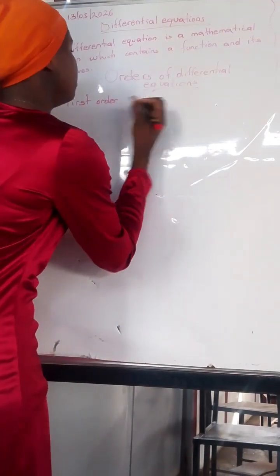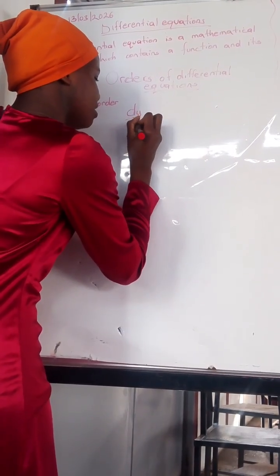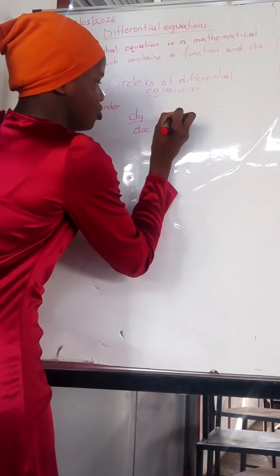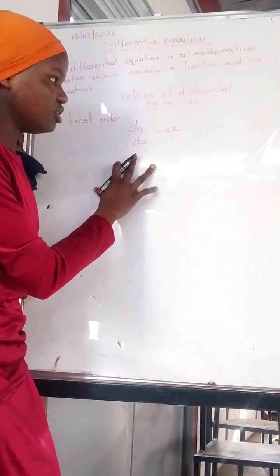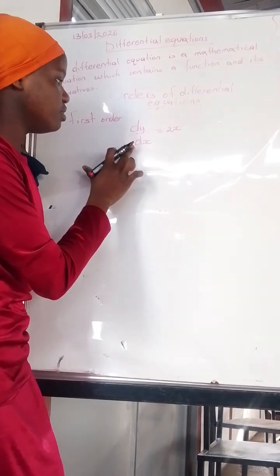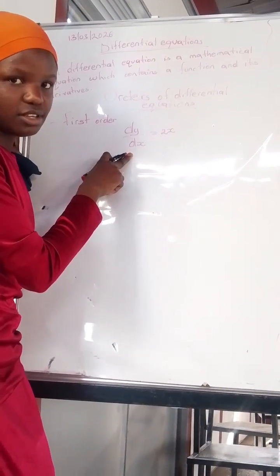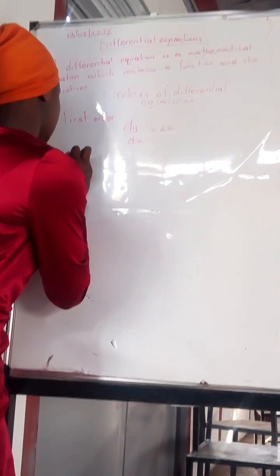For example, you can have dy/dx equaling 2x. This is a first order differential equation because we only have the first derivative. Then we go to second order.